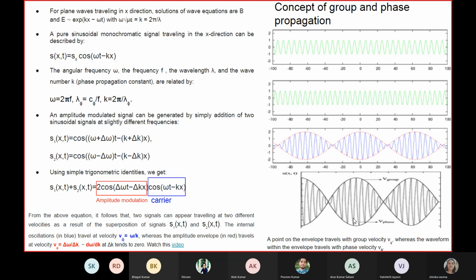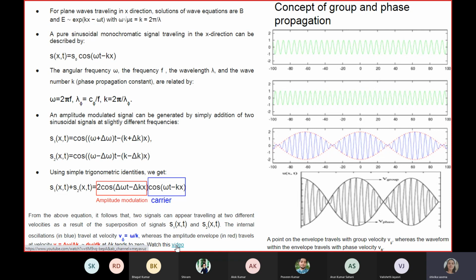While if you imagine a point inside the oscillations within this envelope, this point will appear to travel with a faster velocity, that is the phase velocity. So we have the concept of group delay as well as phase advance. We will see that in the next slide.